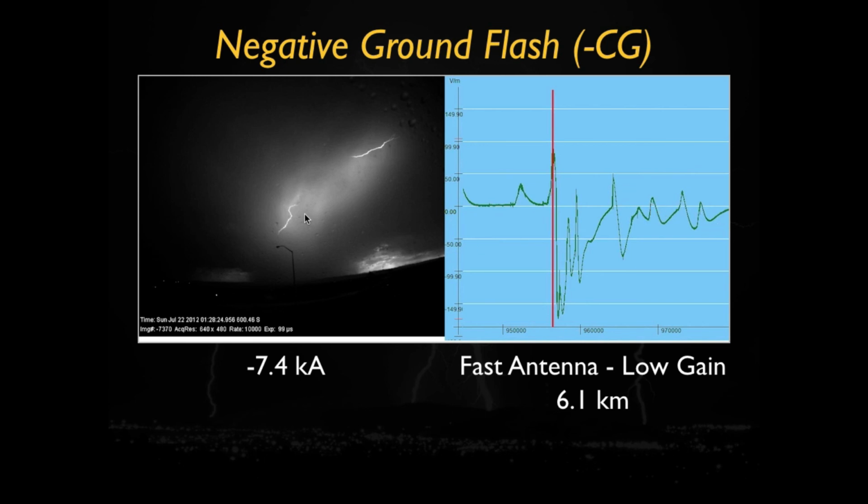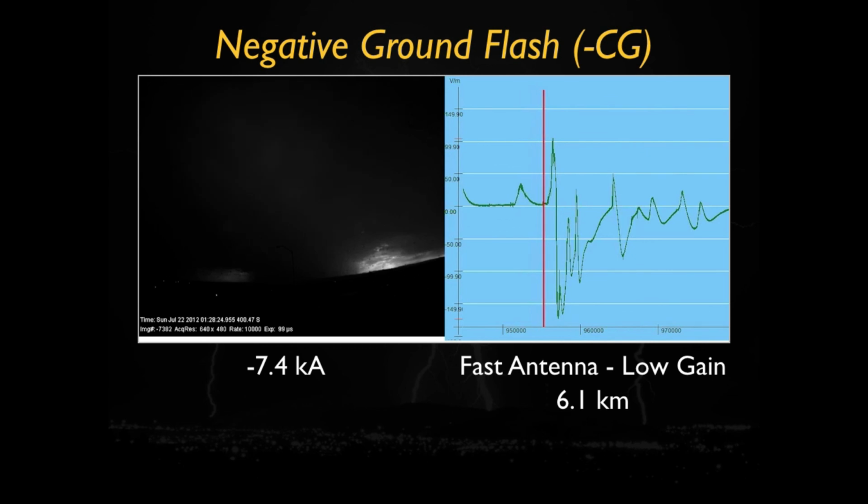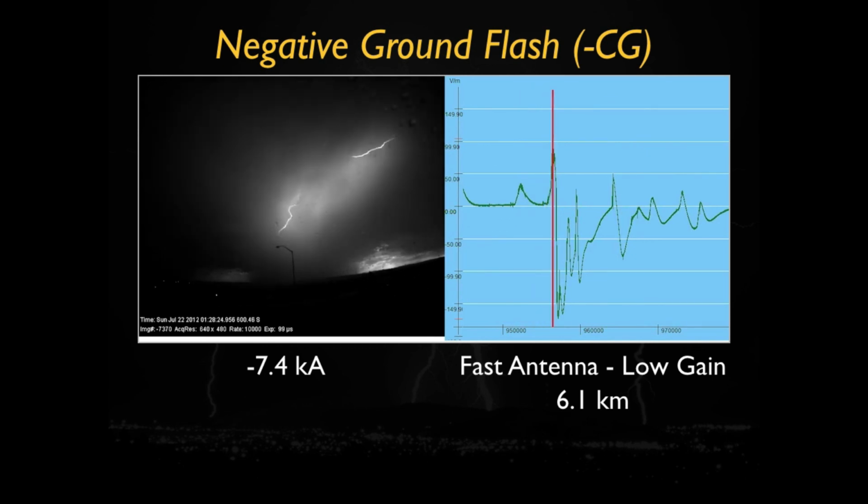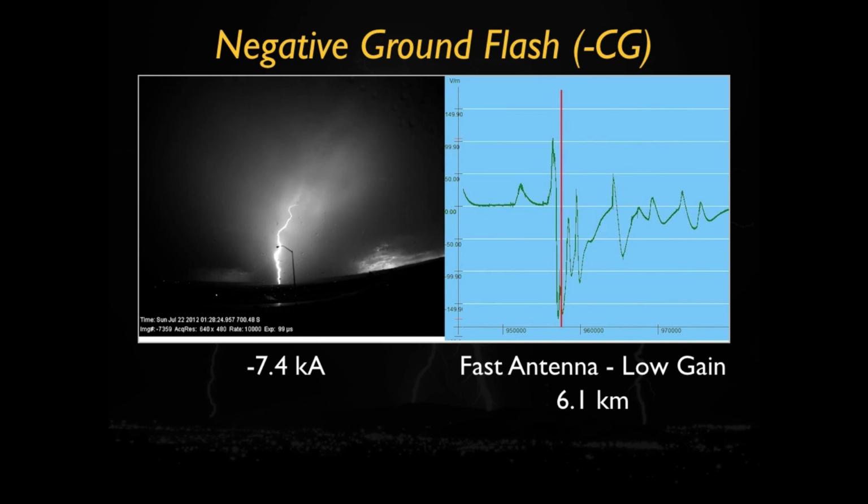And we'll watch the main channel and notice how it brightens in a more uniform manner, and the luminosity increase is much less abrupt when compared to the dart leader connections. So let's take a look at that. Recoil leader, negative end emerges from the cloud. Subsequent return stroke. There's the other recoil leader.